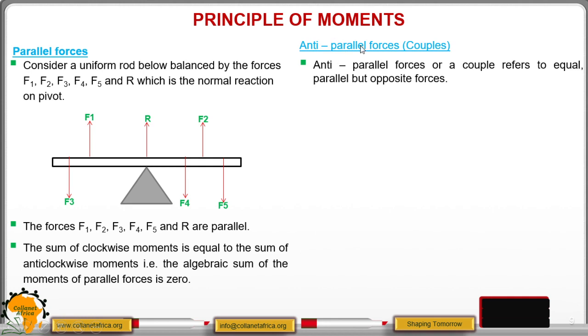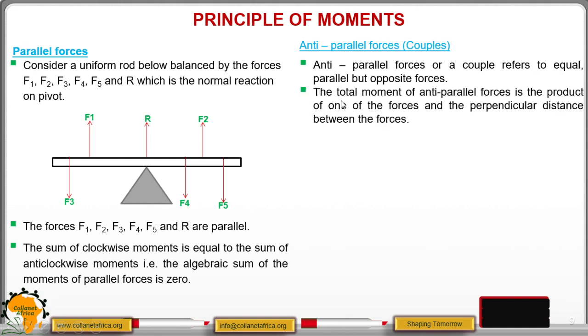Then we have the anti-parallel forces, or what we call the couples. Anti-parallel forces refers to equal, parallel, but opposite forces. The total moment of anti-parallel forces is the product of one of the forces and the perpendicular distance between these forces.